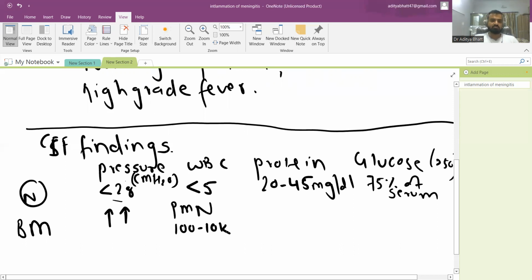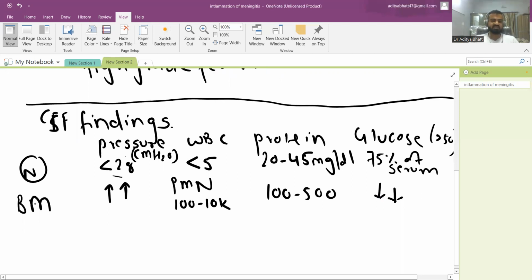In acute stage it is usually PMN; later it might convert into mononuclear cells. Protein is between 100 to 500, and glucose is extremely decreased.